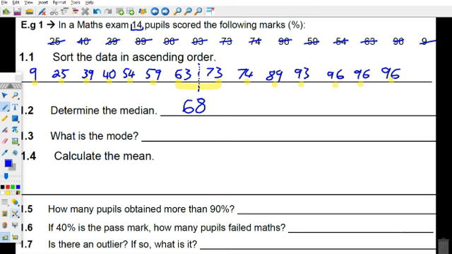If your median is in between two numbers, you need to find the middle of those two numbers. Our one number was 63 and the other one was 73.